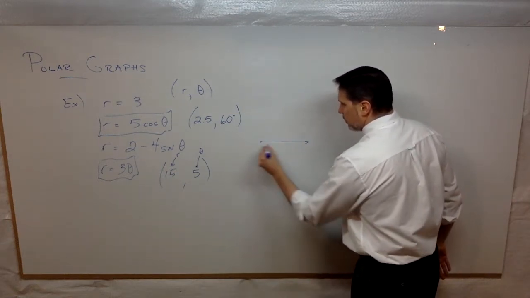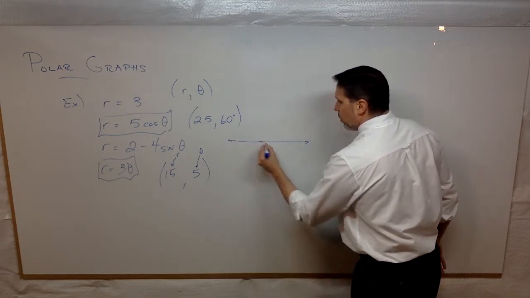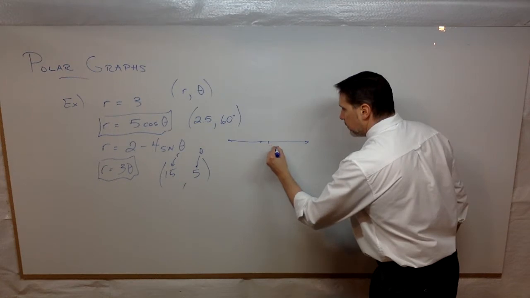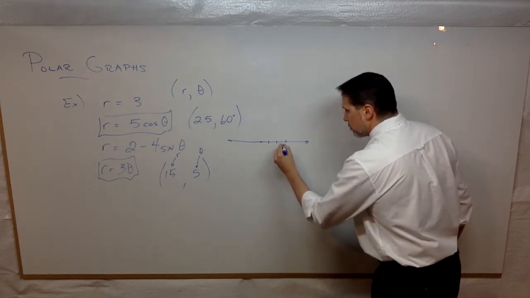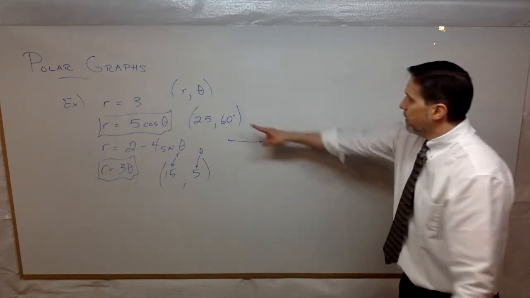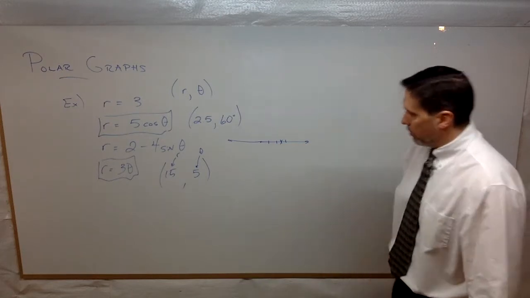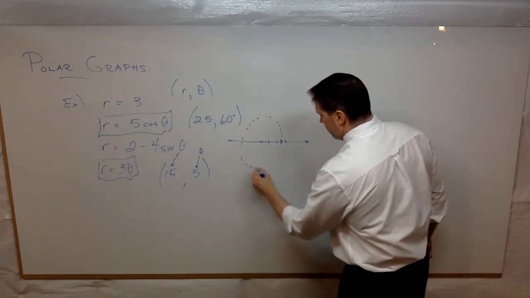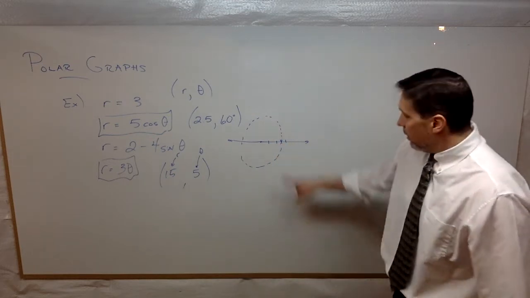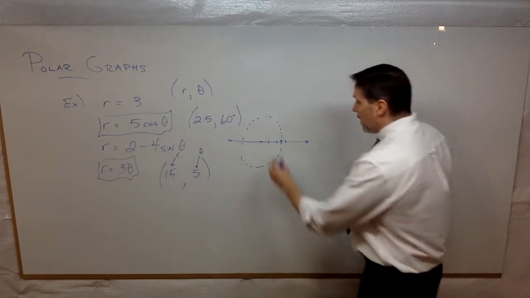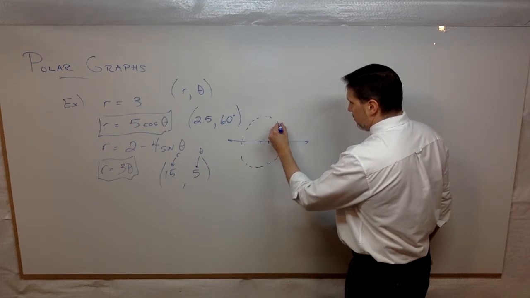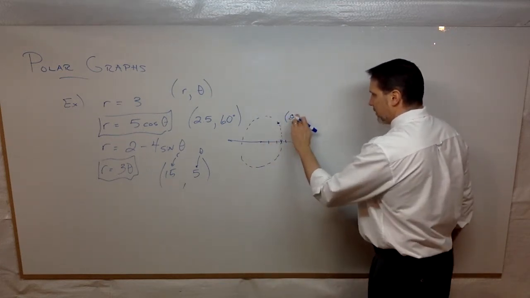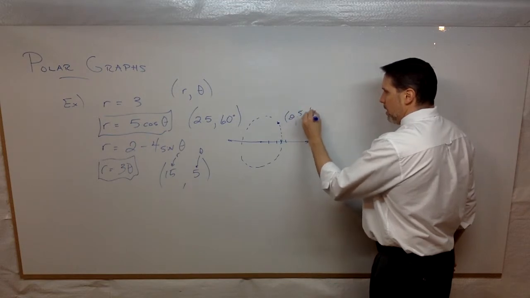Like I said, this never goes well. Here's your pole, here's your polar axis, (2.5, 60°). Here's 1, here's 2, here's 3, 2.5, and then 60 degrees counterclockwise. So it would be on the circle of radius 2.5, 60 degrees, maybe right about there in the polar plane.